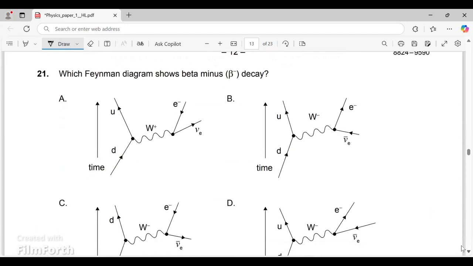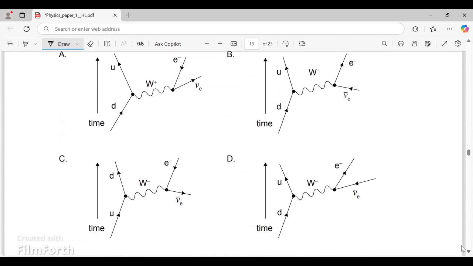Which Feynman diagram shows beta minus decay?